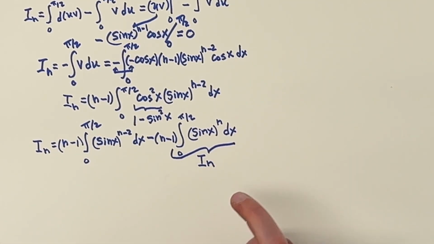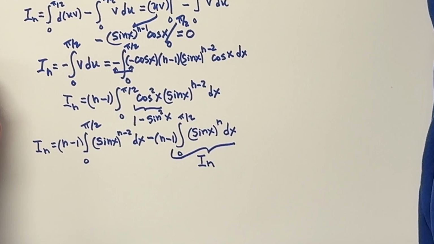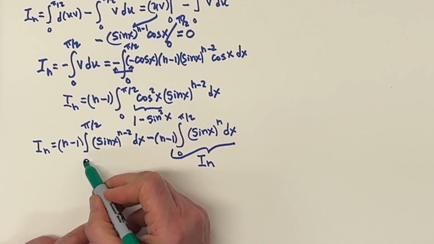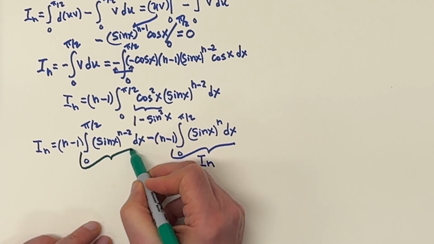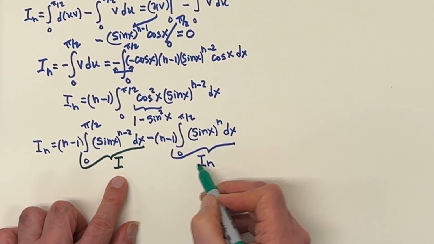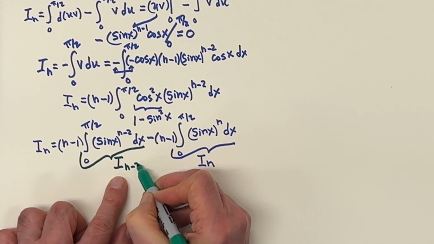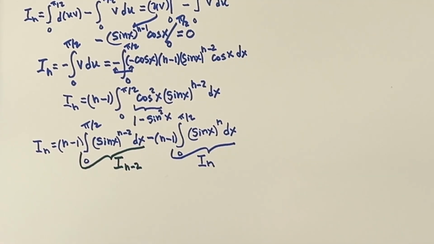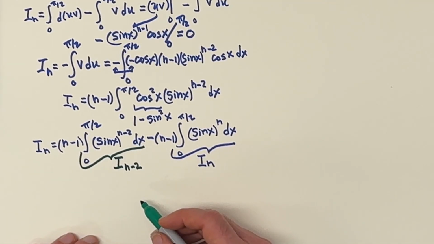So let's continue simplifying. Let's also note, though, that this is this integral where the n is n minus 2. So this is the idea of a reduction formula. Some kind of a recursive thing is going on here.